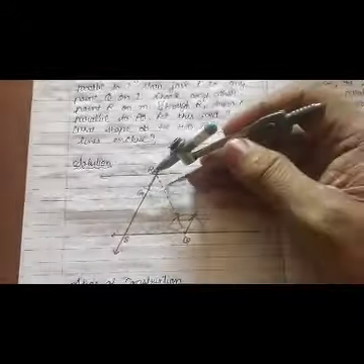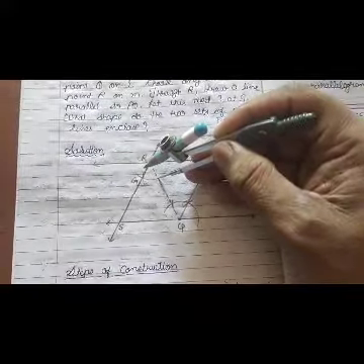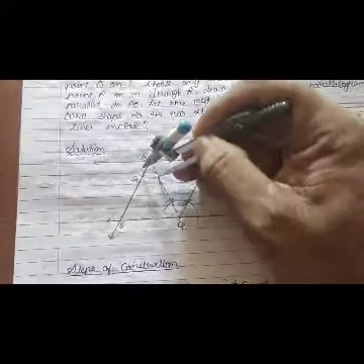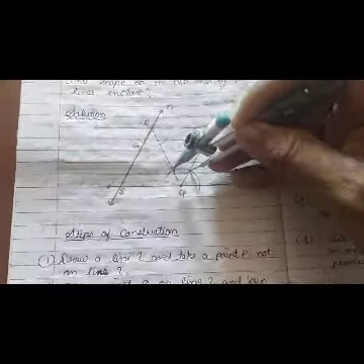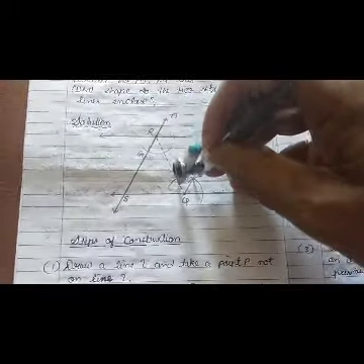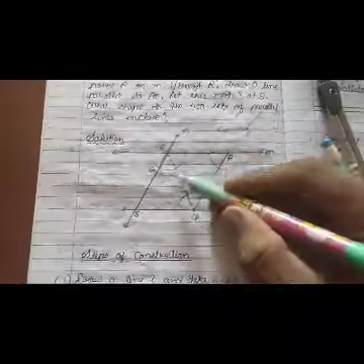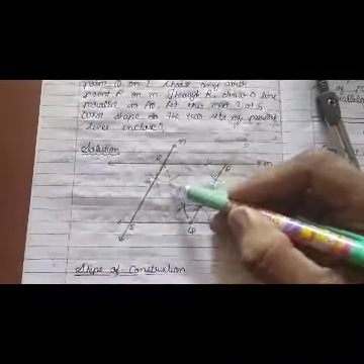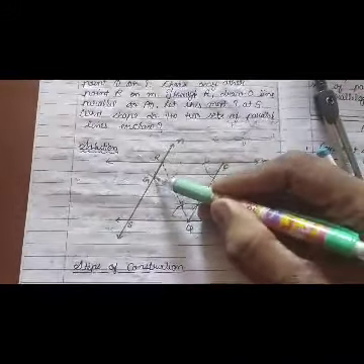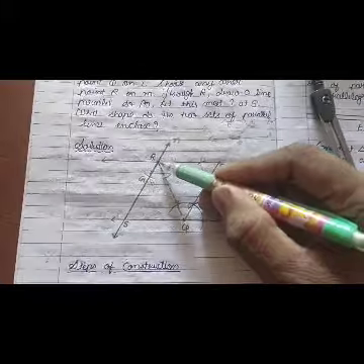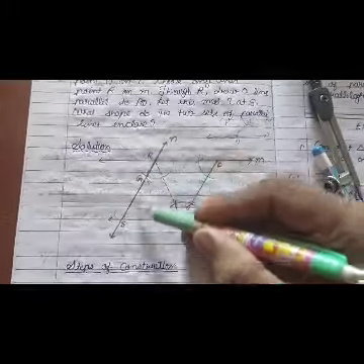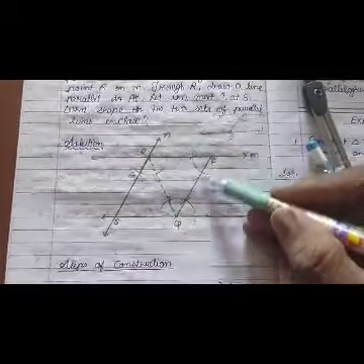Wherever it intersects on that line, take this measure, the distance between both, and place it over here so that it intersects the previous arc at point G. Now through points R and G pass the line N so that it is parallel to PQ.